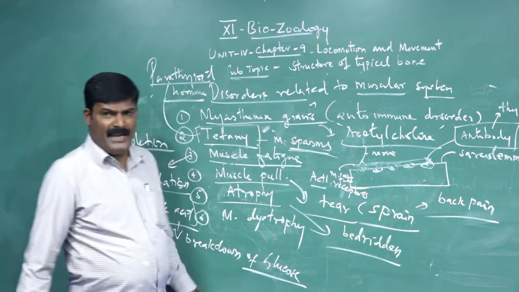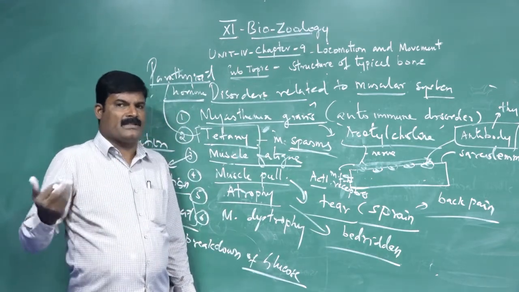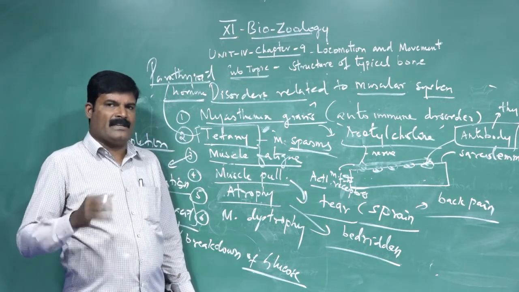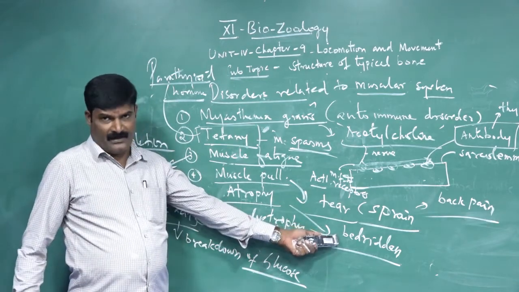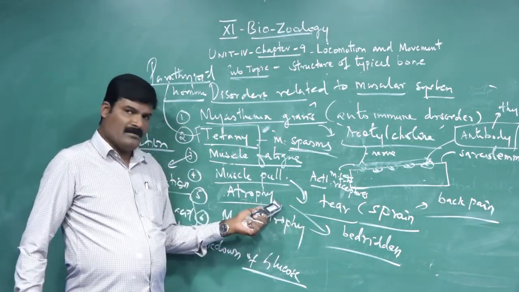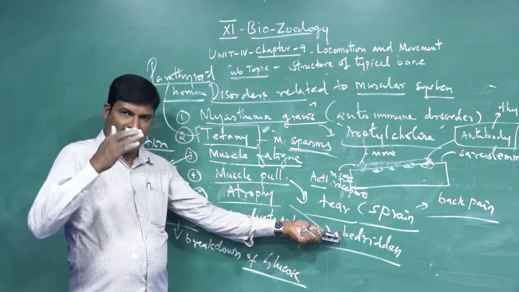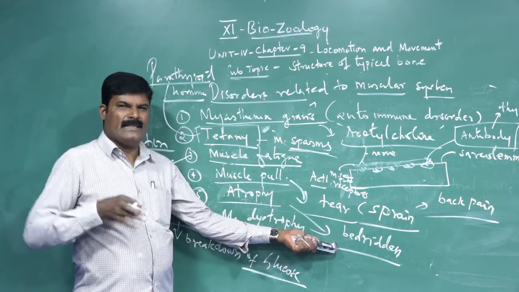Bedridden person means what? A patient who is always in bed, at rest, because of severe sickness. This is the condition in old age or in patients who are not sitting up but always in bed, affected by chronic sickness.